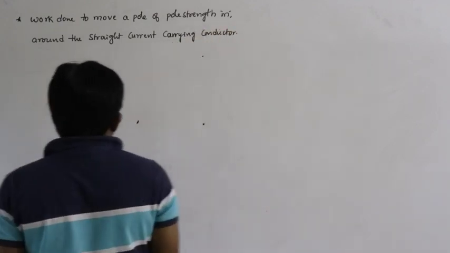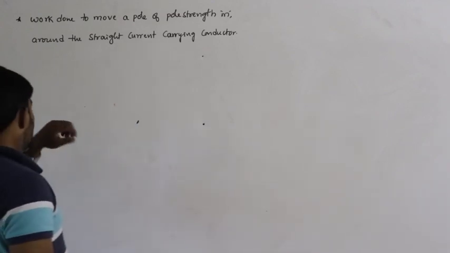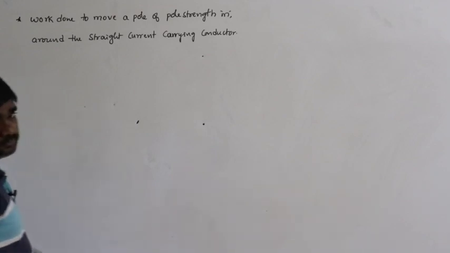Work done to move a pole of pole strength M around the straight current carrying conductor. How can we calculate this work done?